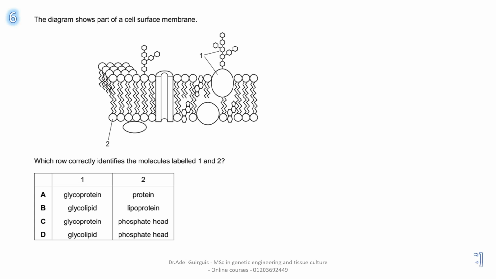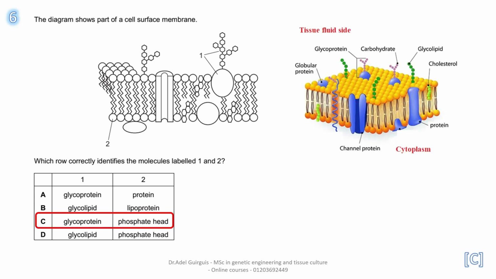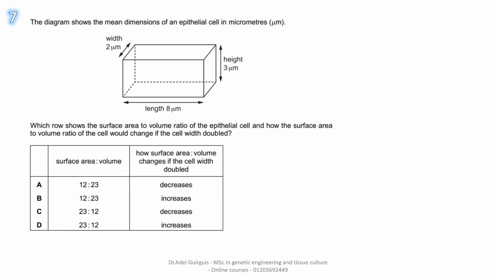So the answer is C. According to this figure, here glycoprotein, like this one, and the glycolipid, like this one for example, this or this one.